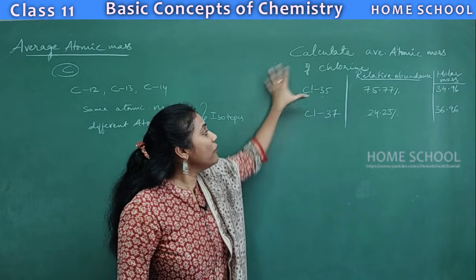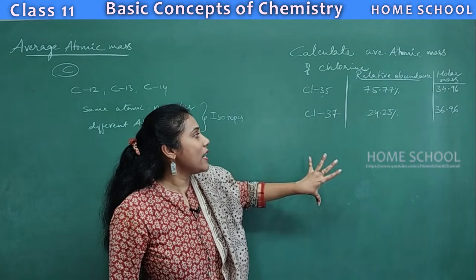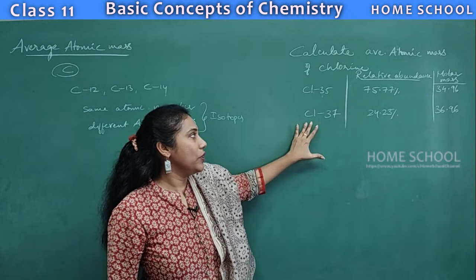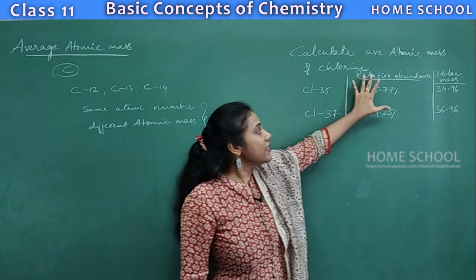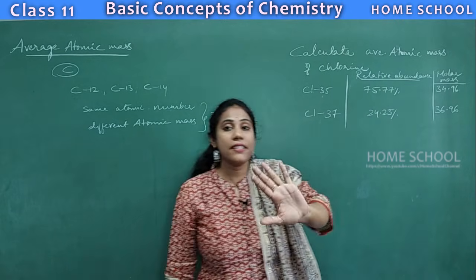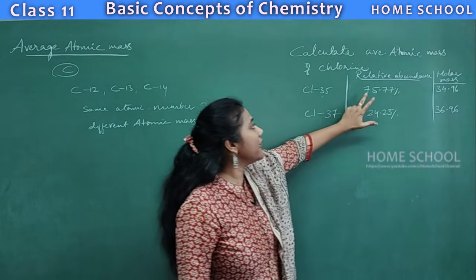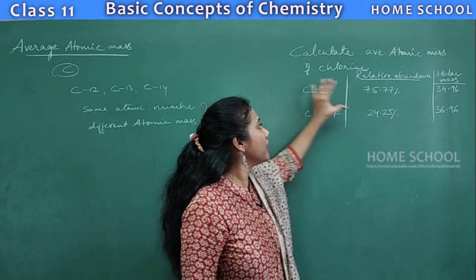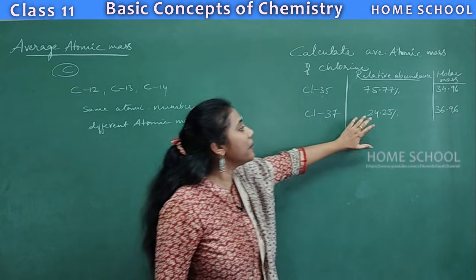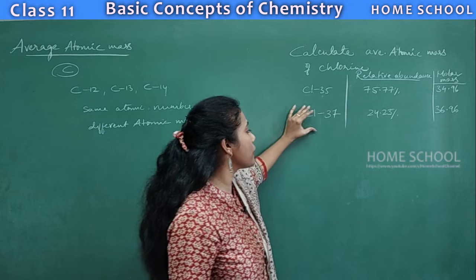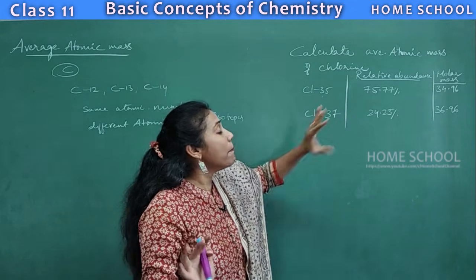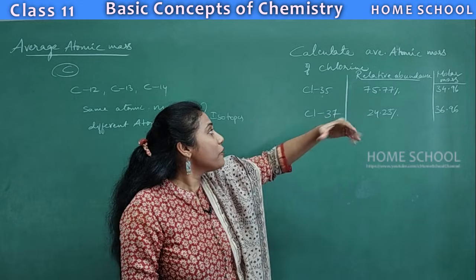If I want to know the average atomic mass of this chlorine, I need to consider relative abundance in our formula. Relative abundance means what? Among the two chlorines, 75% of the chlorine is chlorine 35 and the remaining 24% belongs to chlorine 37. So among the 100%, the maximum amount of chlorine is of which type?